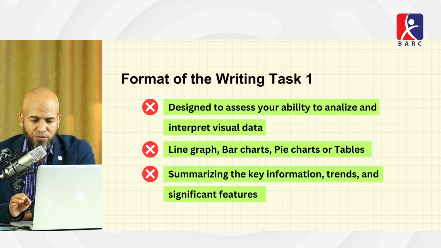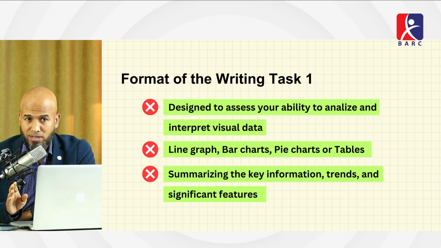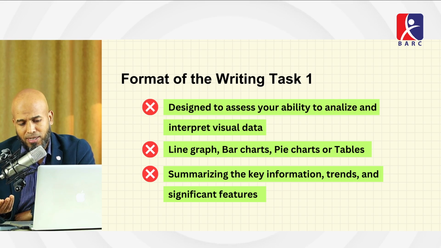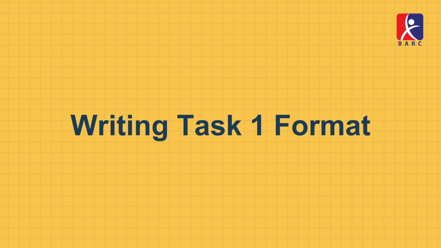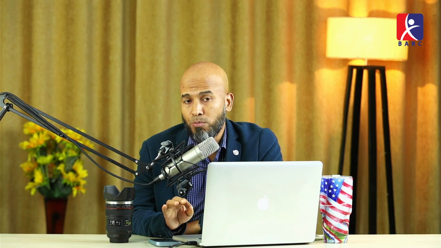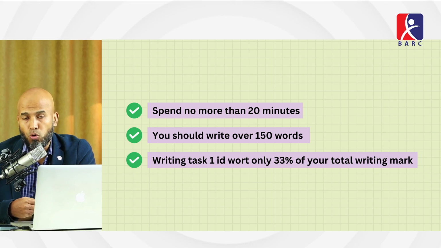Your objective is to provide a clear and concise written response, summarizing the key information, trends, and significant features which are depicted in the given data. Don't spend more than 20 minutes and you should write over 150 words.